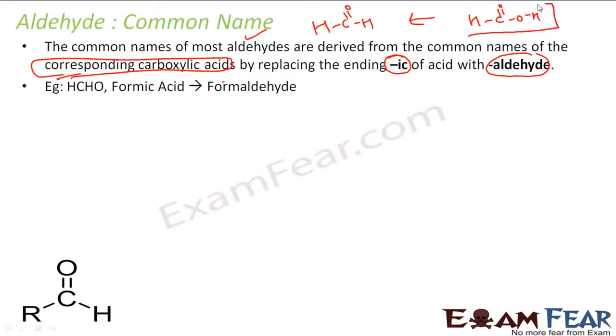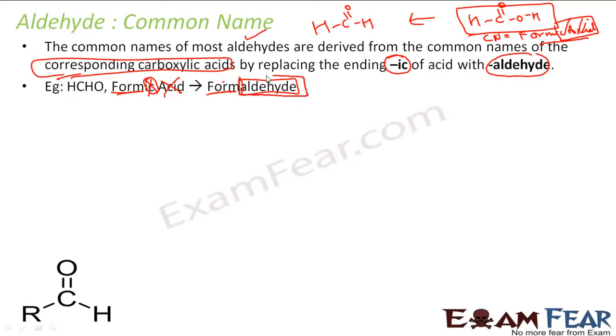Now for this compound, the common name is formic acid. So remove this IC acid and add aldehyde. So it becomes formaldehyde. This form we have got from formic, if you delete the IC and acid, so form, and add the word aldehyde. So you get formaldehyde.